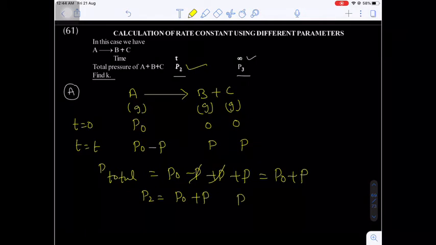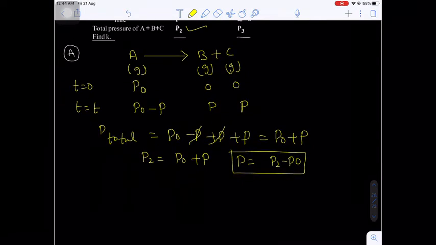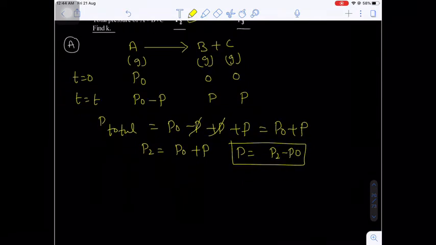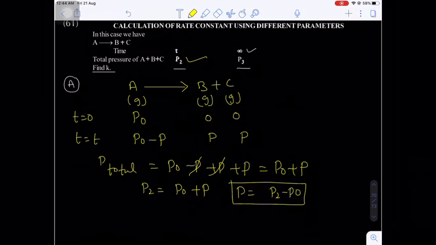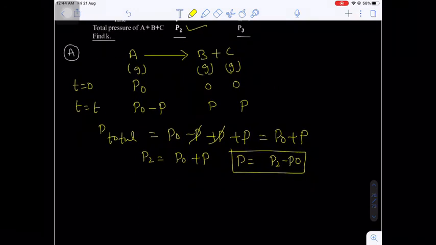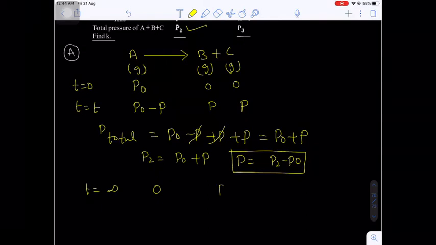Are you getting my point? From here, P is equal to P2 minus P0. And one more piece of information is given: infinity time. At infinity time, what happens? The reactant completely decomposes and the products are completely formed.